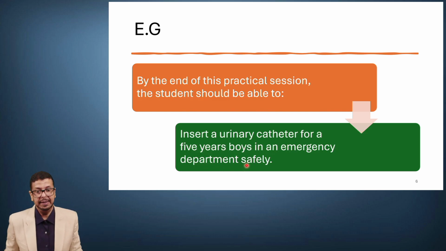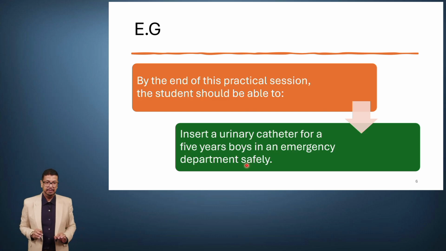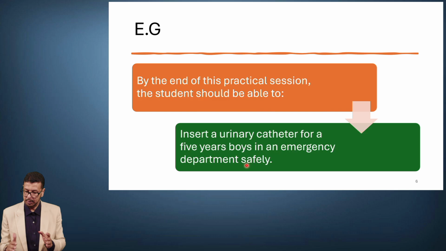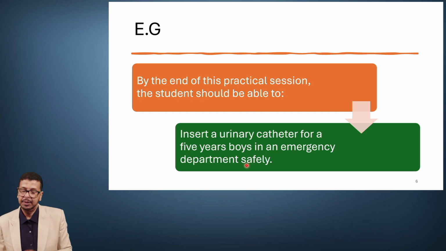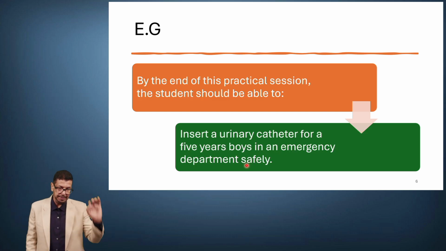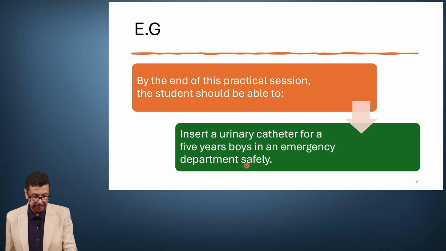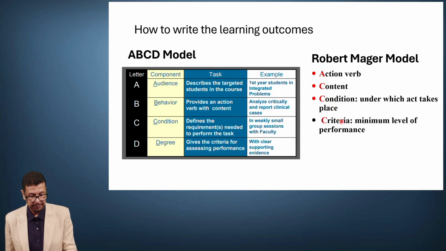And the criteria is safely, and the criteria must be precise. For example, for safely, we should have a measure to describe this is a safe way to insert this urinary catheter. Or maybe it could be written as according to this guideline and so on. So again, action verb, content, condition, and criteria.